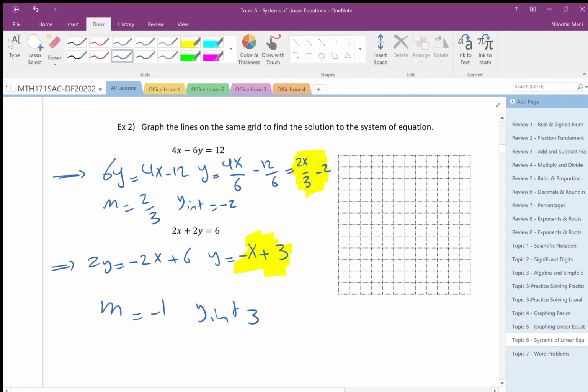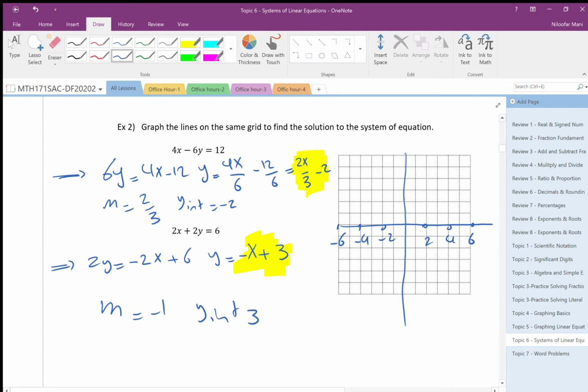So for example, let me see. I can do this. Oops, not very well. And I can do this. Okay, so 2, 4, and 6, minus 2, minus 4, and minus 6. If I go one by one, I have to continue the whole way for the whole x-axis.